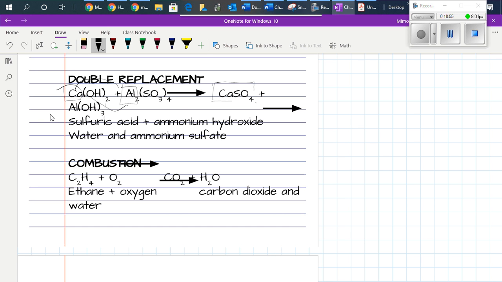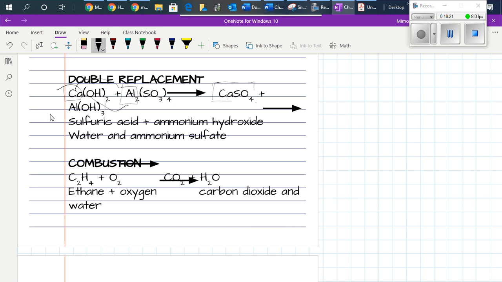So calcium hydroxide reacting with aluminum sulfate will give us calcium sulfate and aluminum hydroxide. Now, in both of those cases, calcium and aluminum are single valence, so we don't have to state the valence of each of those metals.